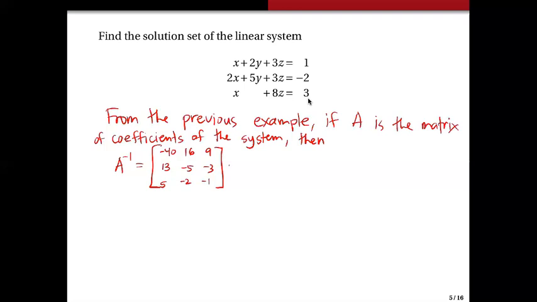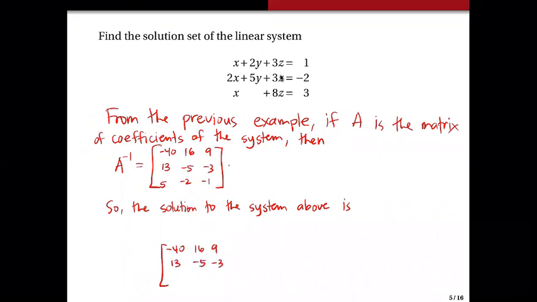So the solution to the system above is this matrix, negative 40, 16, 9, 13, negative 5, negative 3, 5, negative 2, negative 1. We just multiply it to 1, negative 2, 3. And you will get your solution.